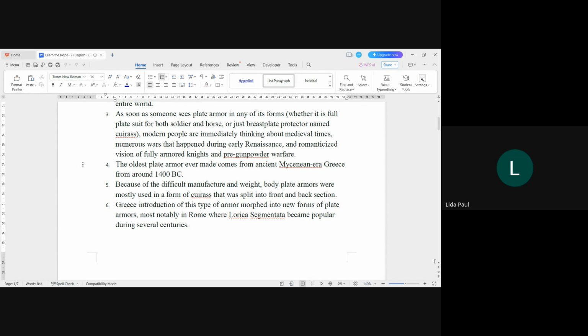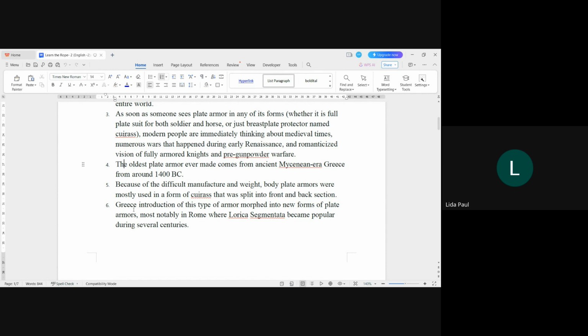No, not difficult. Difficult here is an adjective. So what is manufacture here? Is it not a verb? No. Because of the difficult manufacture and weight, both weight and manufacture are nouns. Okay, so in that one, I think we don't have anything else.